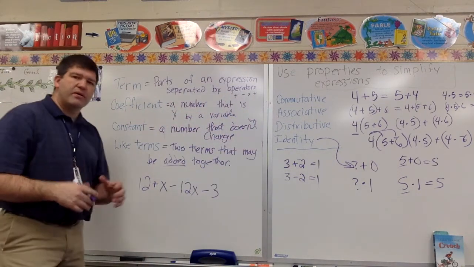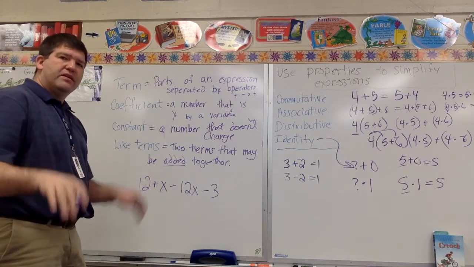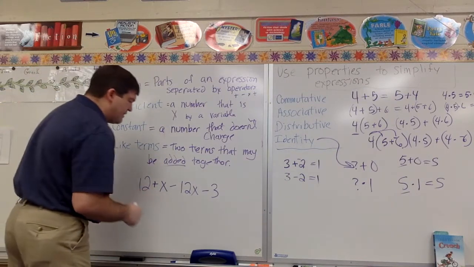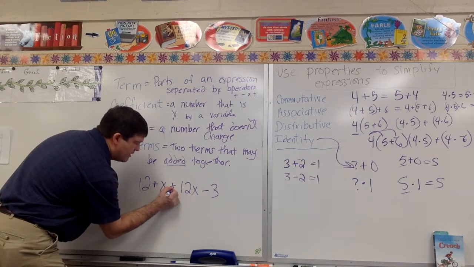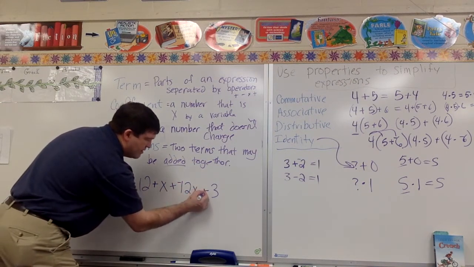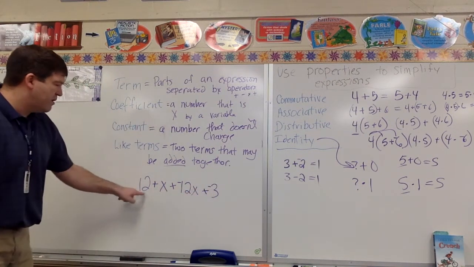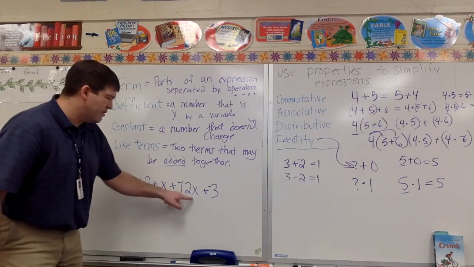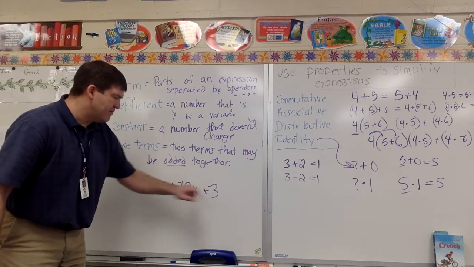The first thing I want to do is make sure I can put it all into addition. So wherever I see a subtraction, I'm going to make it addition of a negative. Now I have 12 plus x plus negative 12x plus negative 3.